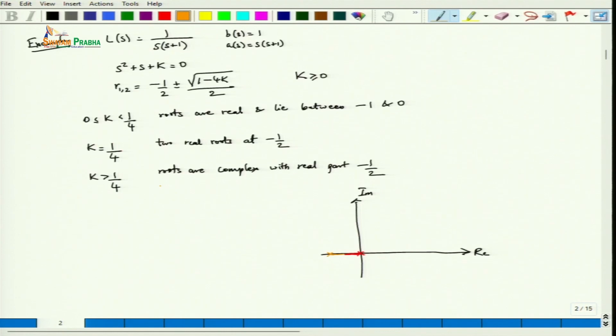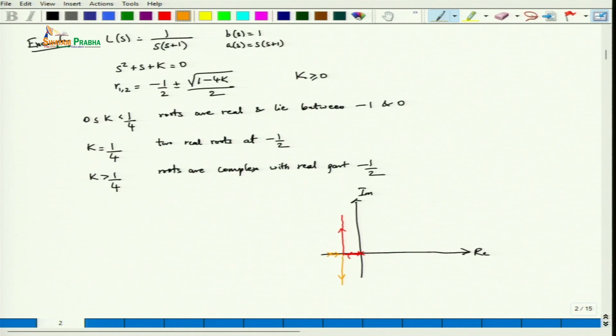Now, as the value increases, one of the roots will go in this direction and the other root will come in this direction. Here we are not much interested about which direction it goes, but in general just giving a rough sketch.